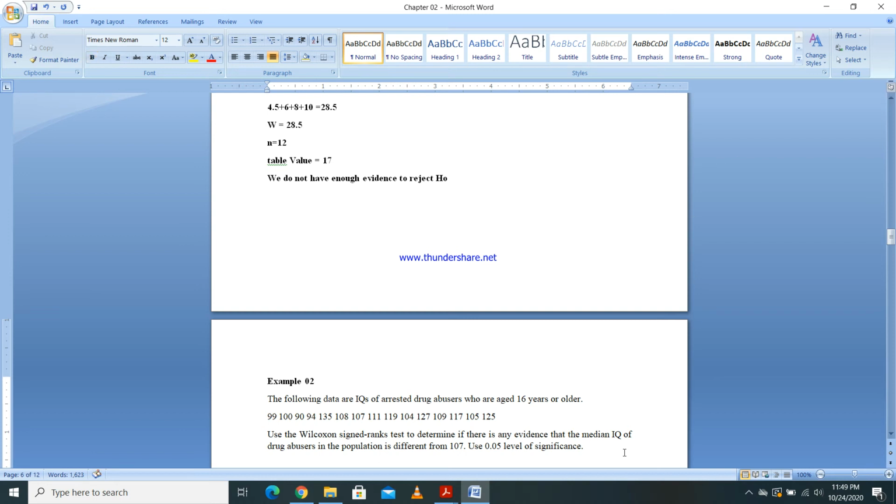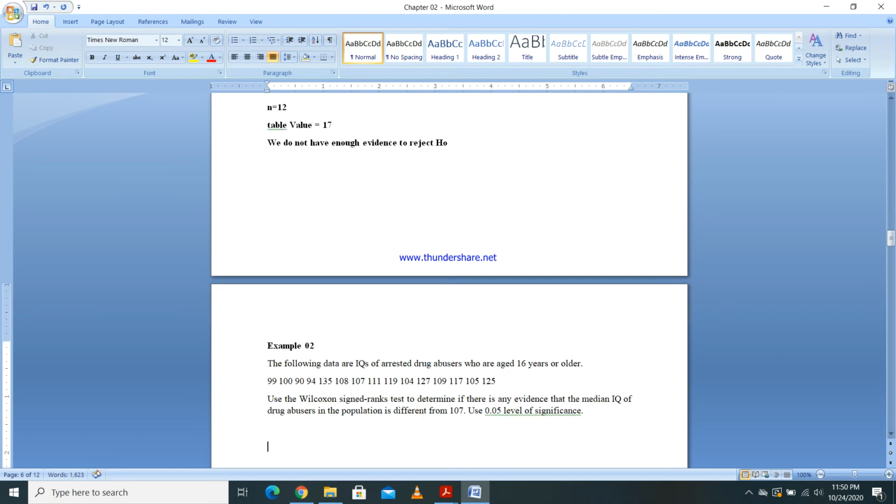So in this case you can understand we have to do a two-sided test, right? Because we want to just check whether the median, I'll just take M as the median IQ level. So in the exam also you have to define all these terms. So we have to just check whether the median IQ level is equal to 107 or not.